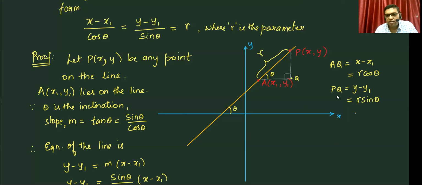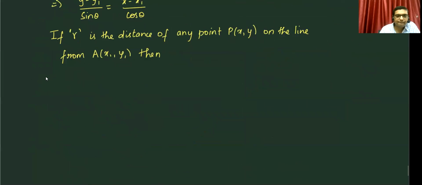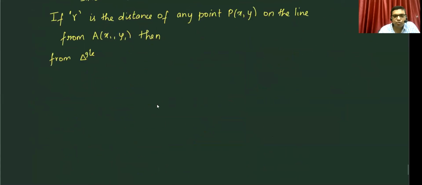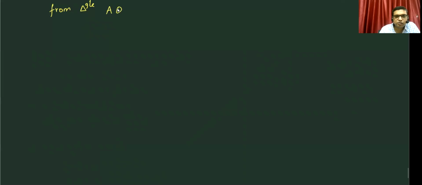So from triangle AQP in the figure, just 2 minutes, I'll leave you after this. We have already crossed 6, but I'll just complete this.